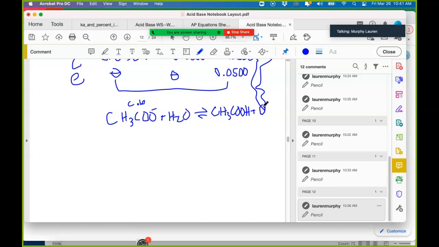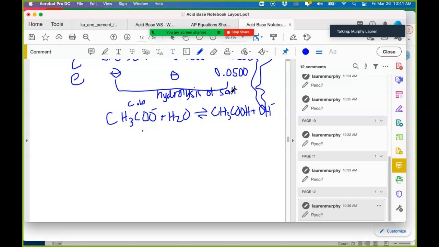As a result, it produces hydroxide ions in solution because it ripped the hydrogen off the water. This is called hydrolysis of a salt. Hydrolysis because of the water and the water with the salt.